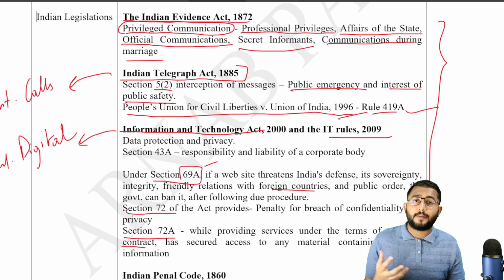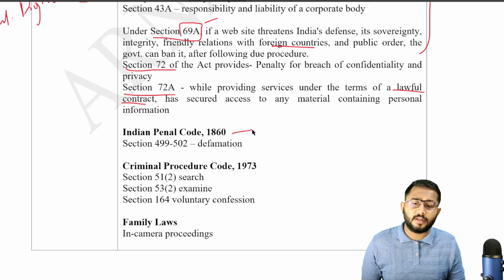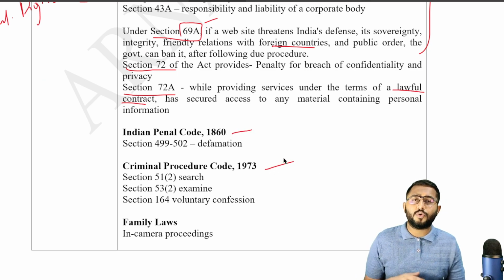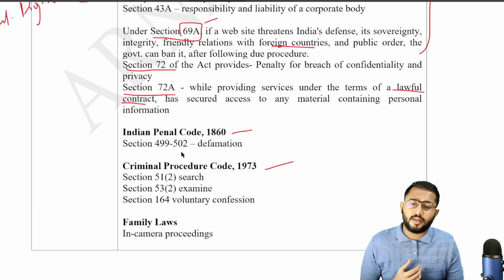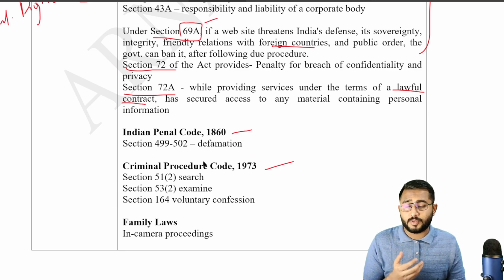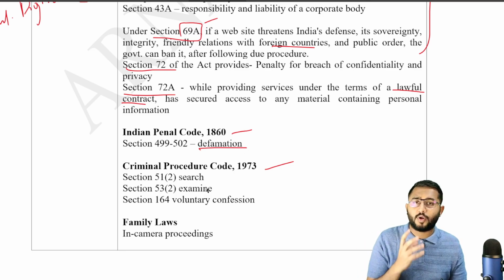They became the backbone of how privacy was seen in India through these three acts, right? And then we have certain sections in the Indian Penal Code as well as the Criminal Procedure Code that have touched upon privacy. The first one in the Indian Penal Code, the main one, is defamation. Sections 499 to 502 talk about defamation.